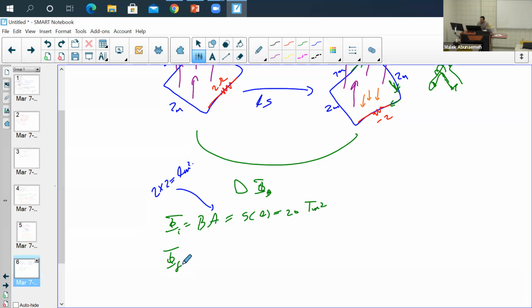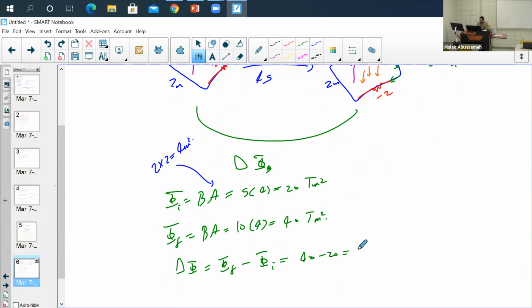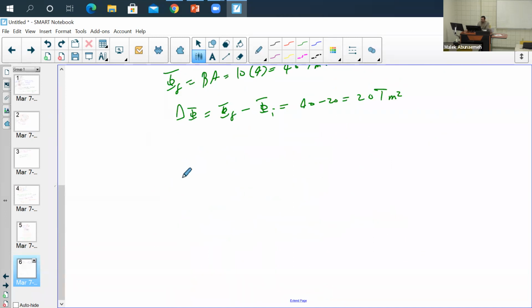Our final flux is 10 times 4, so 40 tesla meter squared. That means your change in magnetic flux equals final minus initial, which is 40 minus 20, which equals 20 tesla meter squared.